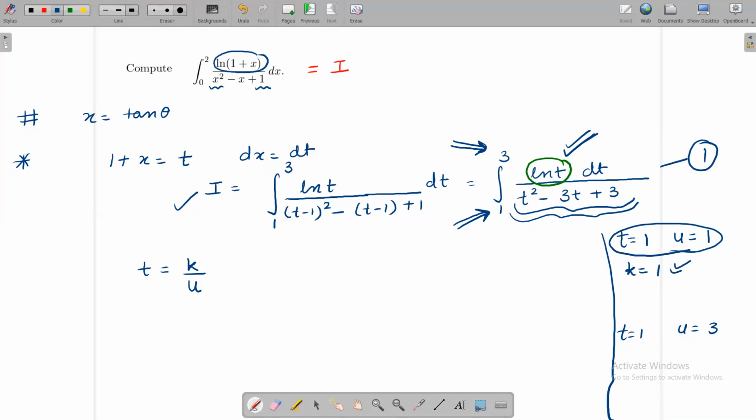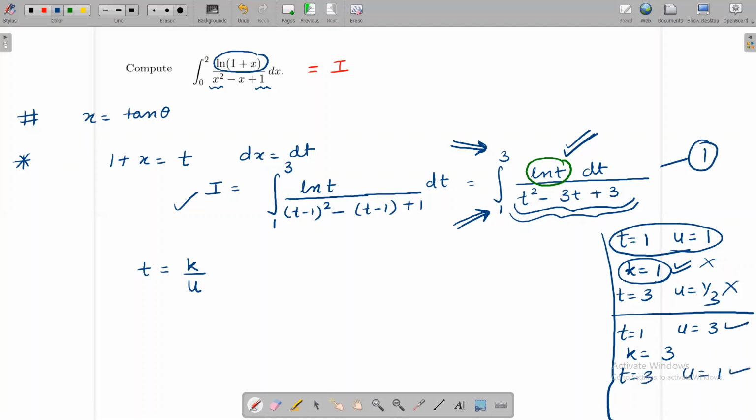But if you're taking k as 1, then keeping t is equal to 3 will give me u as 1 by 3, which I don't want. I don't want to change the limit. So the value 1 for k is totally discarded. Coming to the second case, keeping t is equal to 1, u is equal to 3 will give me the value of k as 3. If you keep k is equal to 3, then on keeping t is equal to 3, I'll get u is equal to 1. Absolutely fine. This is what I want.